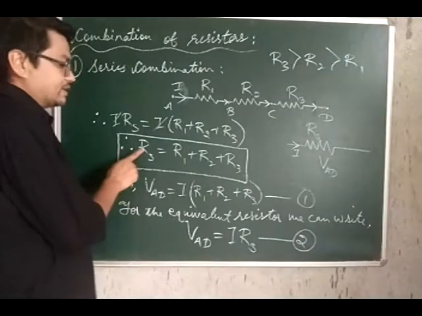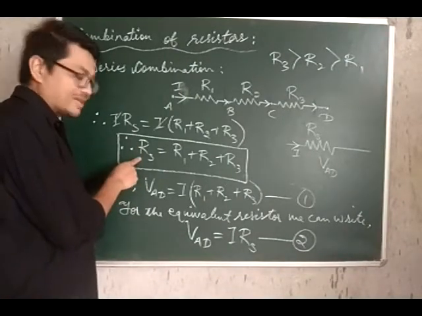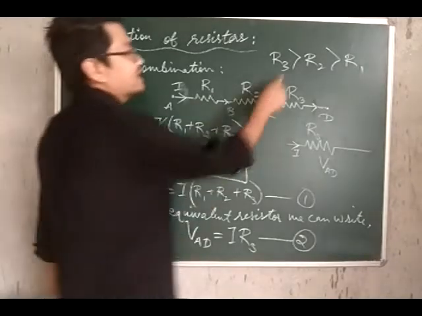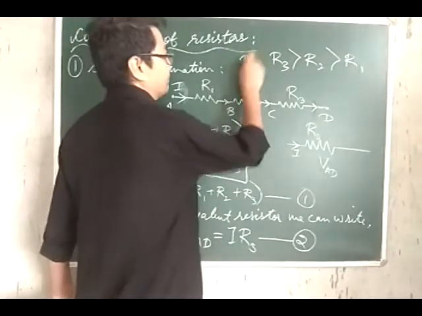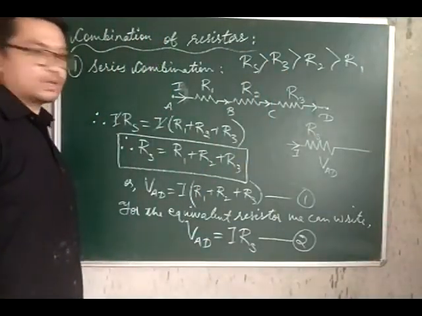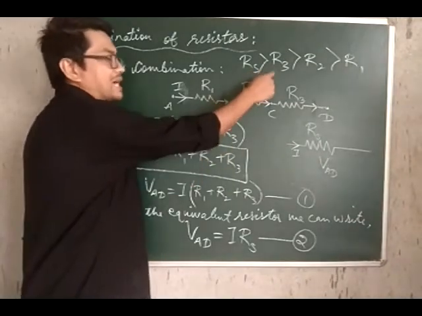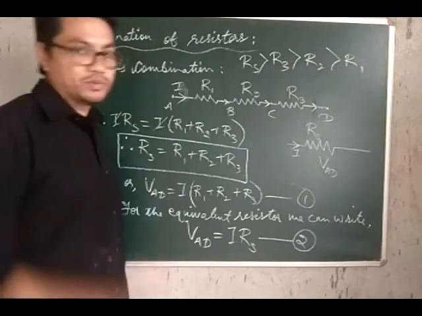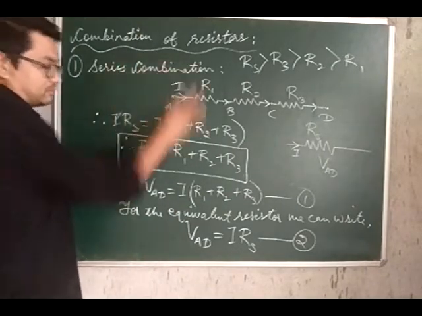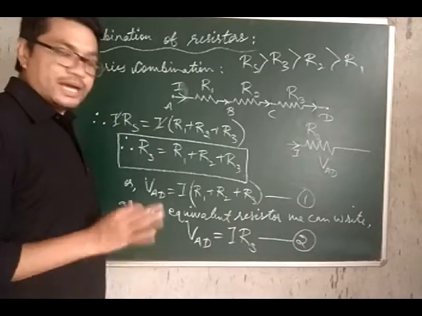Then you can see the equivalent resistance in series combination has a value which is greater than R3 also. So RS is greater than R3 also, remember. This point has an importance, and we'll talk about that.